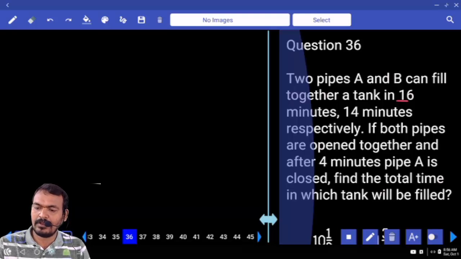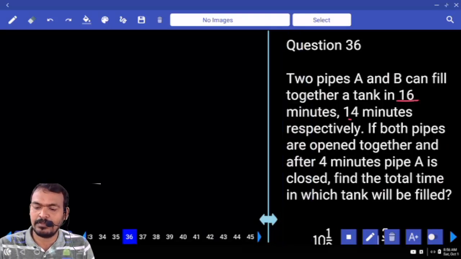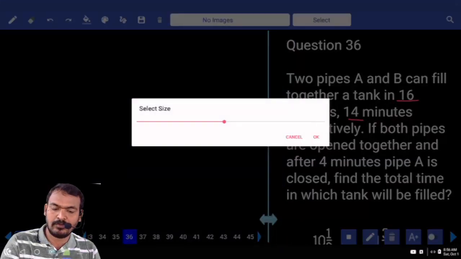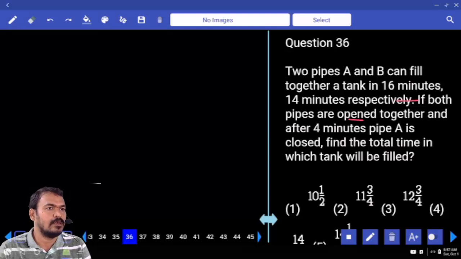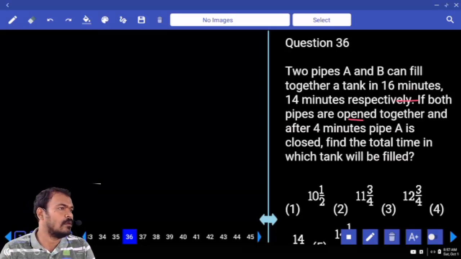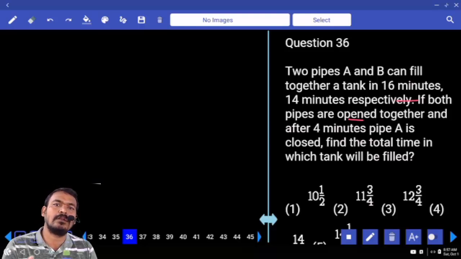Both are opened together, and after 4 minutes, A is closed. Find the total time in which the tank will be filled. From start to end, which pipe is open? B is open, so B's time is equal to the total time.